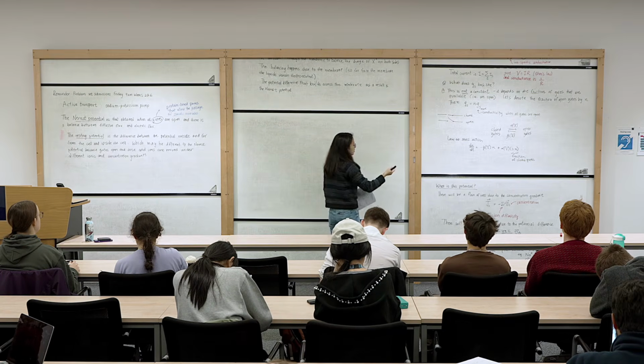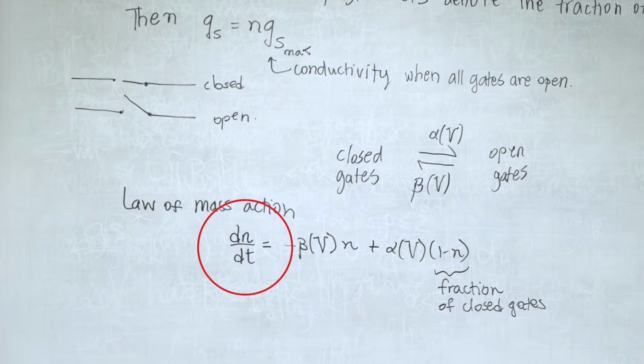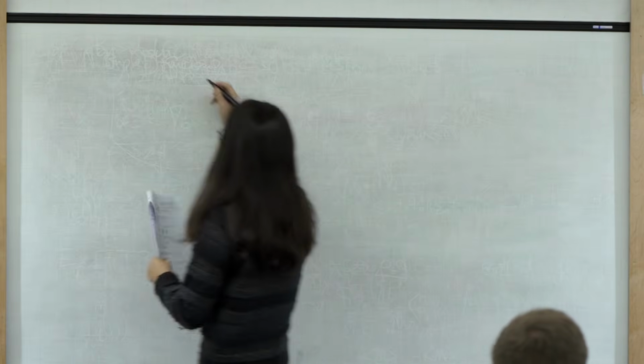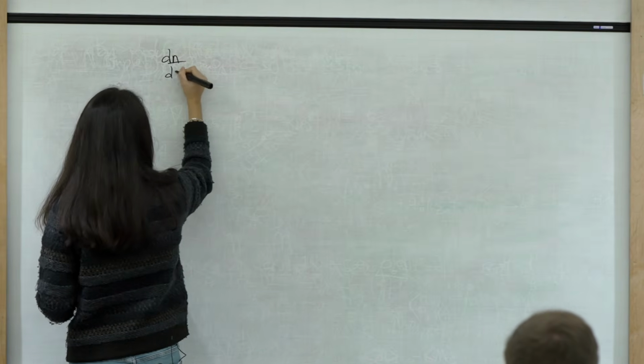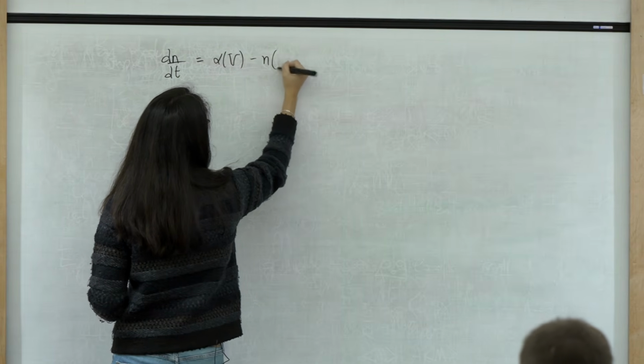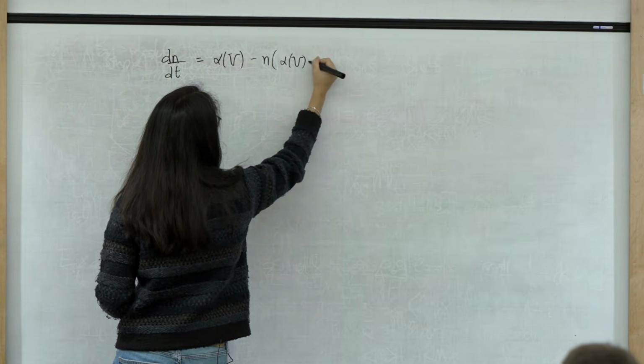All right, so sometimes you will also see this written in a slightly different way. The way I will write it now is to combine the n's together. So I'm going to get minus alpha plus beta, all of it multiplied by n, plus alpha of V. So dn/dt is equal to alpha minus n times the sum of the two rates.